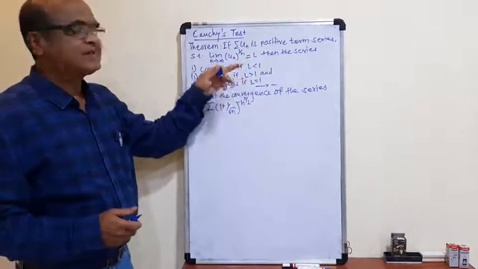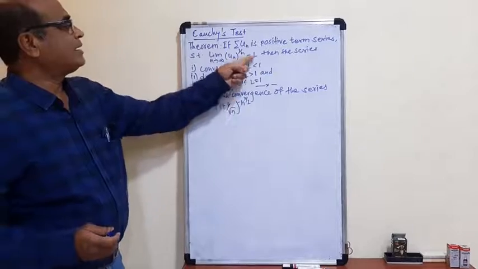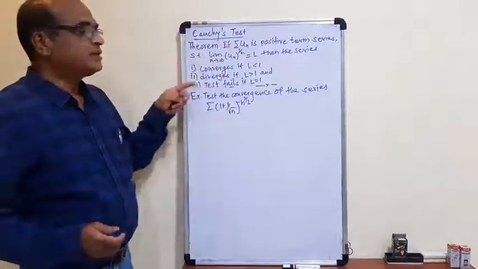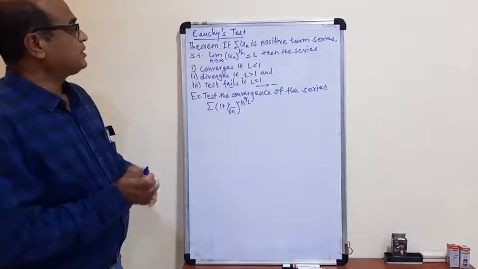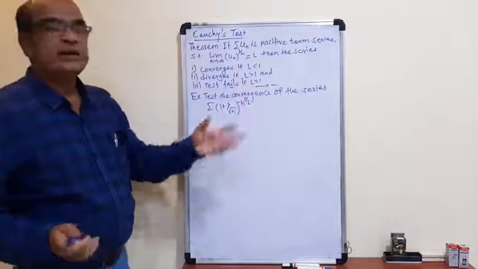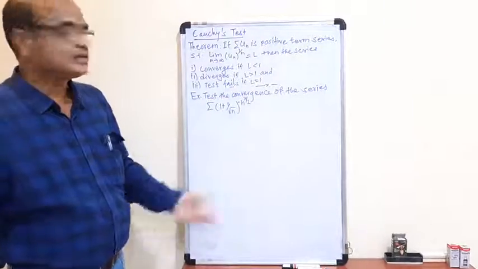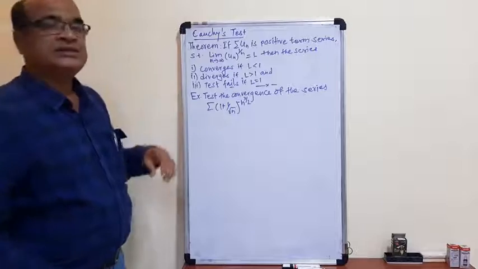If L is greater than 1, then the series diverges. And the test fails if L is equal to 1. So this is the Cauchy's test.